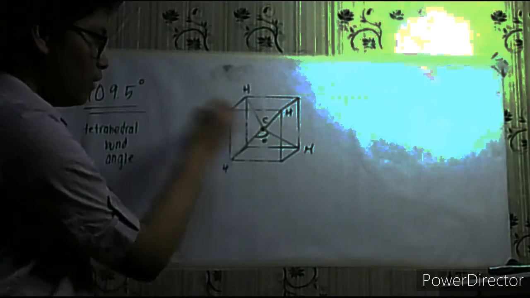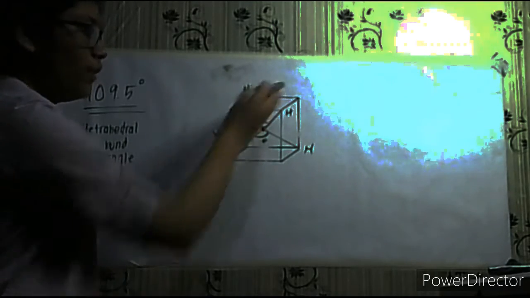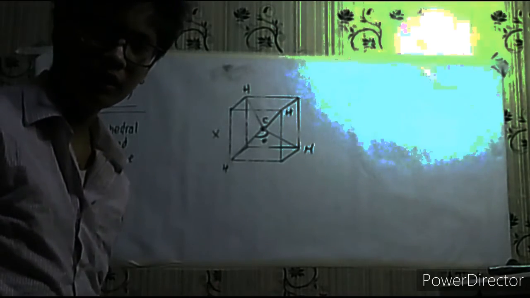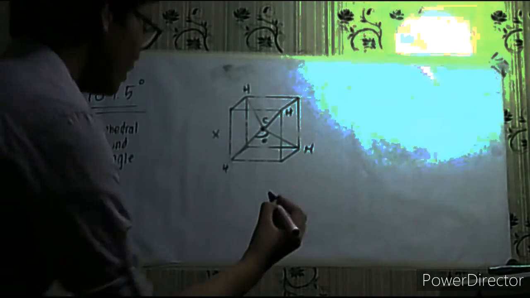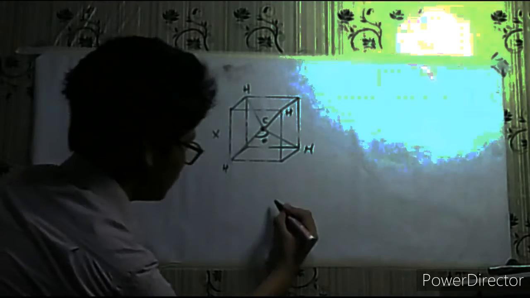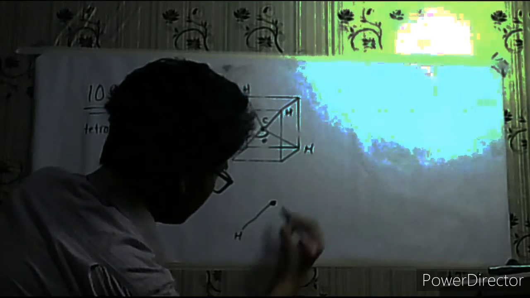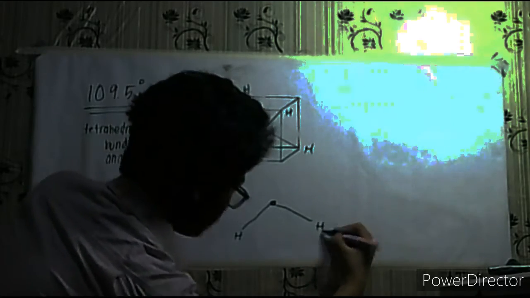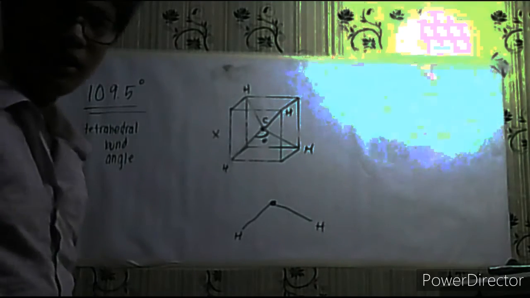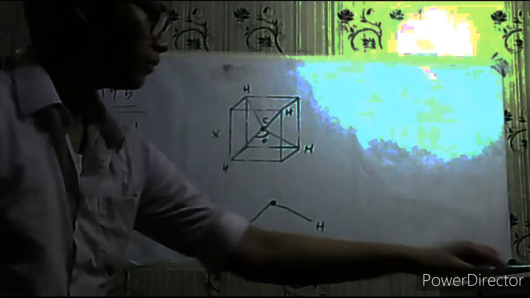And from this atom here to the top of the cube, it's also x divided by 2. Okay? Now that we know that, let us redraw our triangle here. Let's just say that this is the central atom, and then this is the H. This is the H. Okay? Let's just say that.